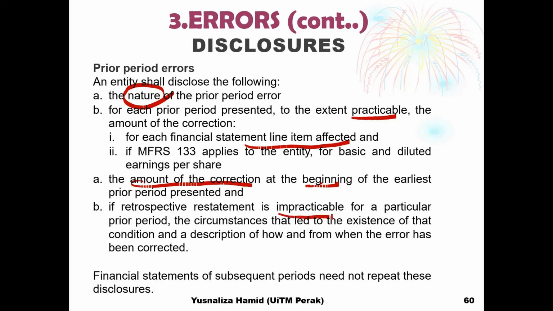And if it is impracticable, what are the circumstances that led to the impracticable condition, and a description of how and from which period the error has been corrected. Right.